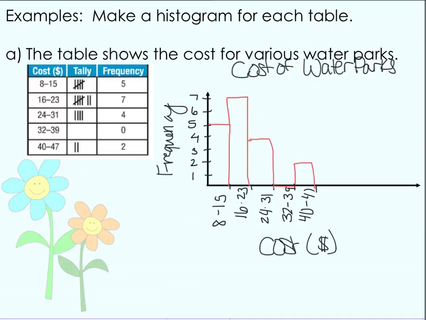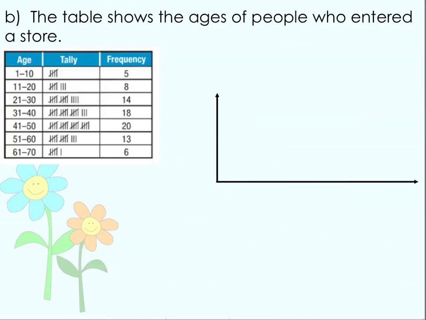If you guys have questions about this, see if you guys can help each other out. Otherwise, when you guys are ready, go ahead and take a look at the next histogram, and I want you guys to start making that one. So you should be making a histogram based on the number of people who entered this store using this frequency table.